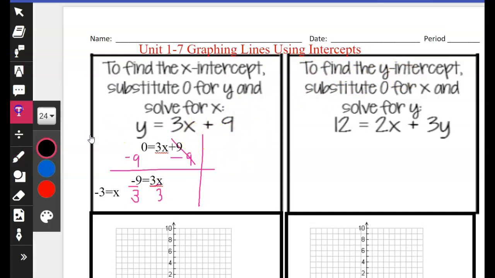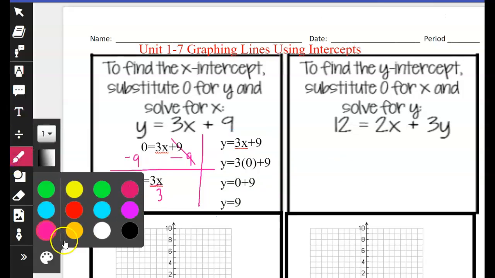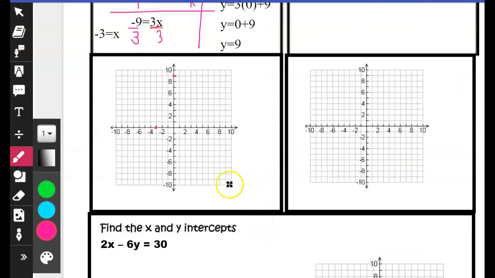To find the y-intercept, y equals 3x plus 9, you're going to let x be equal to 0. And so 3 times 0 is just 0, and so that's going to be the y-intercept. So I'm going to have a y-intercept right here at 9.